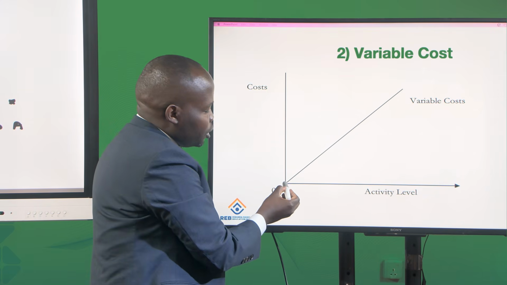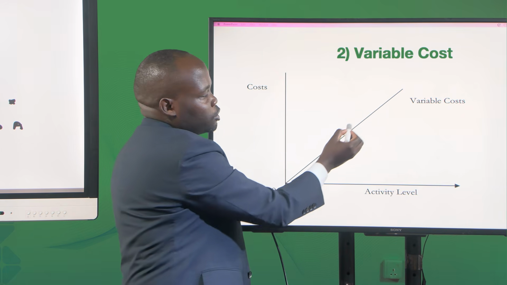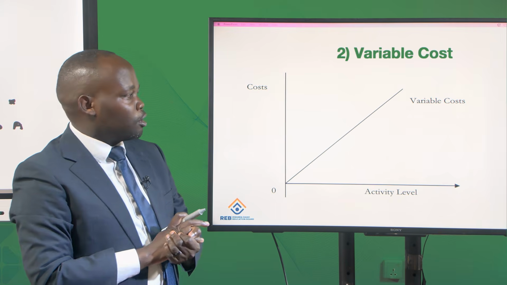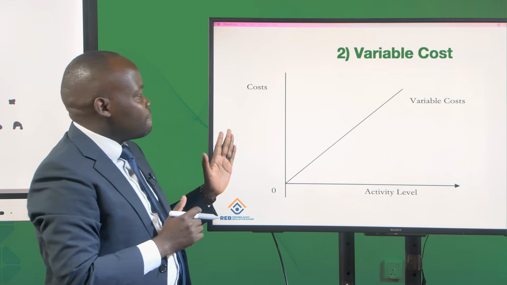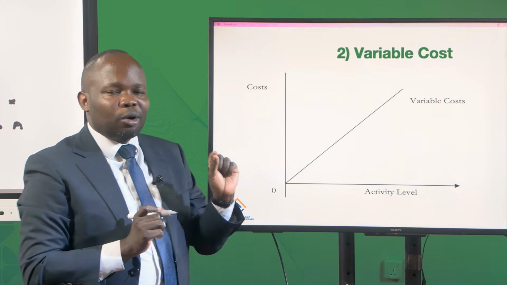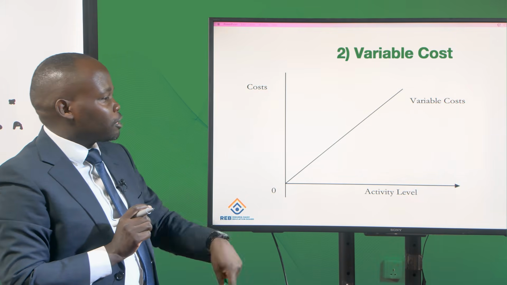So when we start from point 0, as we increase the activity, the cost also increases. That is an example of variable cost. But variable cost per unit does not increase. Variable cost per unit remains constant. We'll come back to that.